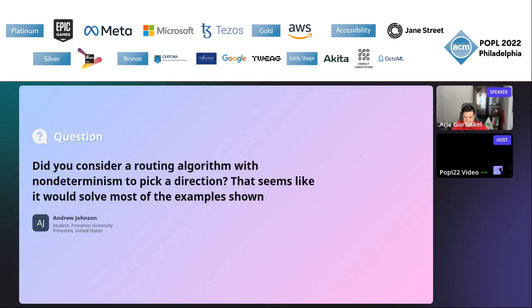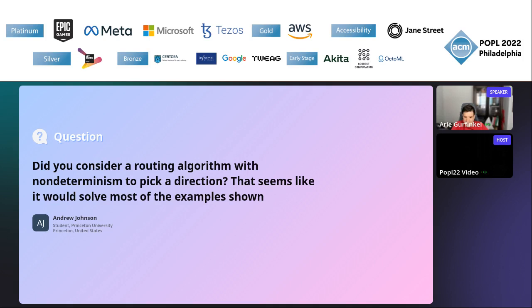Okay, thank you. Okay, so there is a question from the Q&A. It's on the screen right now. It's from Andrew Johnson, and it says, did you consider a routing algorithm with non-determinism to pick direction? That seems like it would solve most of the examples shown. Let's see.